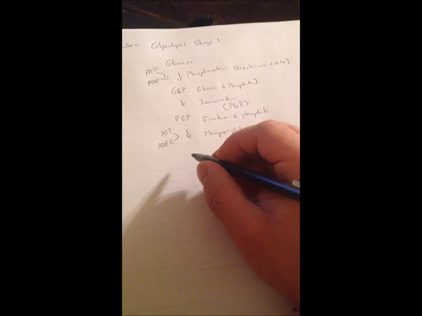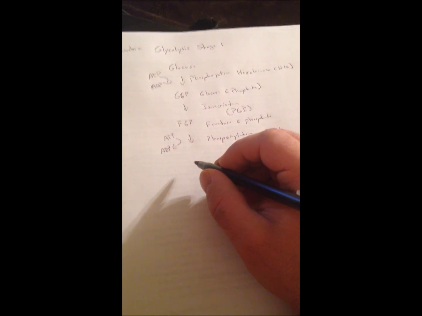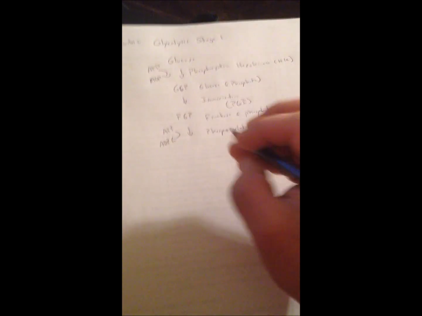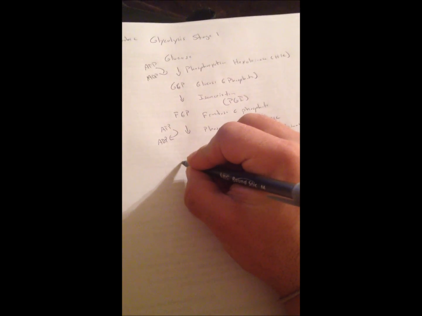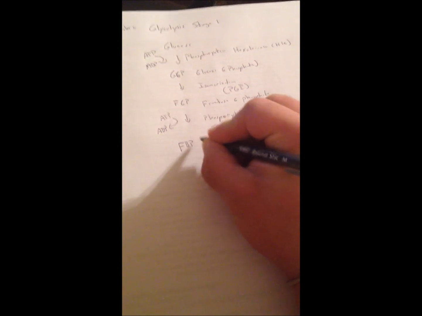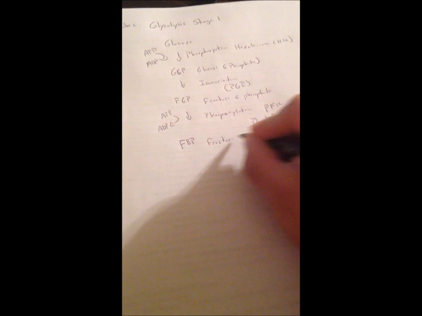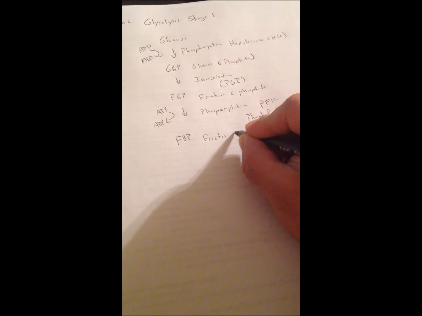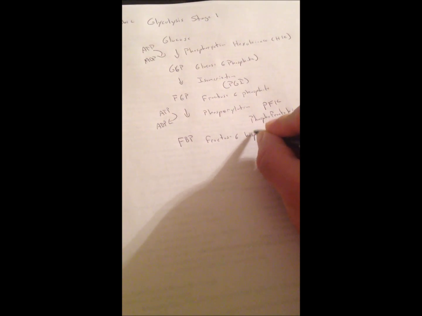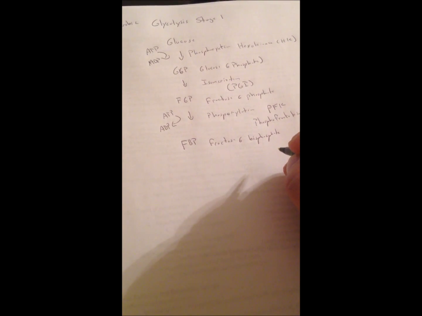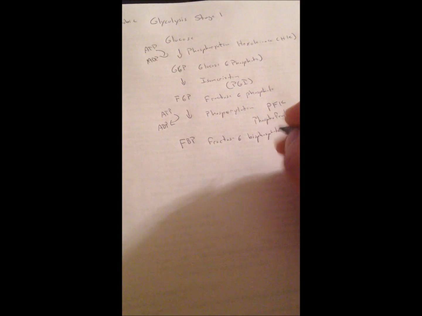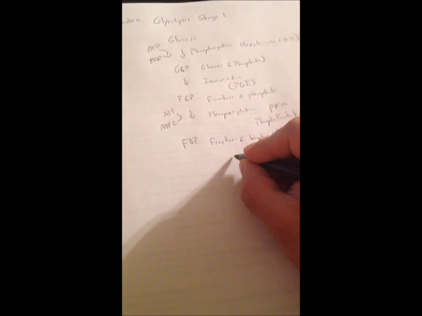So from the fructose 6-phosphate, we'd be brought down to a fructose bisphosphate.